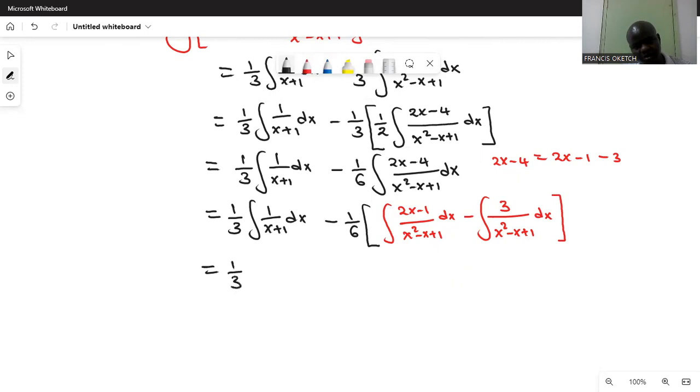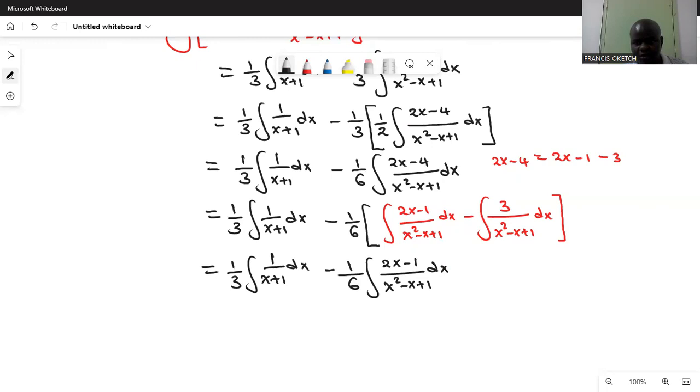1 over 3 times the integral of 1 over x plus 1 dx, then minus 1 over 6 times the integral of 2x minus 1 over x squared minus x plus 1 dx. I'm opening the bracket.